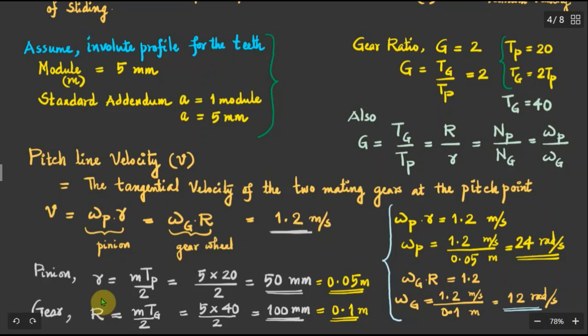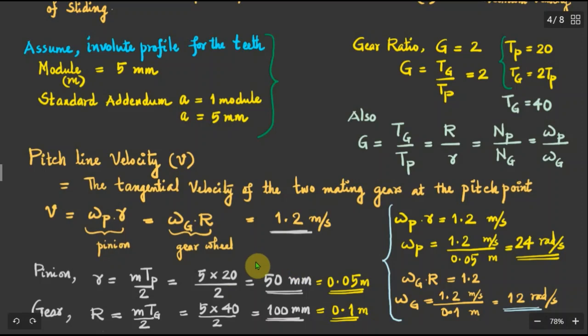For the pinion, small r is equal to m into Tp by 2. The module is 5 mm, the number of teeth on the pinion is 20, so 5 into 20 by 2 is 50 mm, in meters 0.05 meter. For the gear, capital R is equal to m into Tg by 2, that is 5 into 40 by 2, which is 100 millimeters, equal to 0.1 meter.